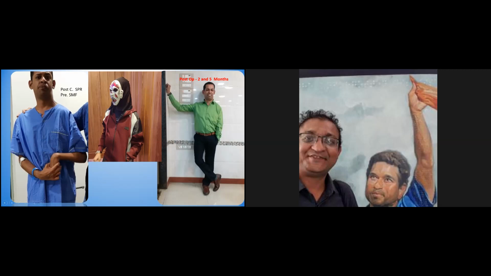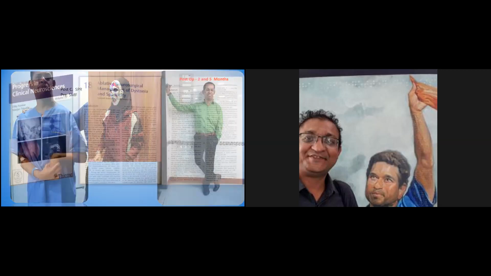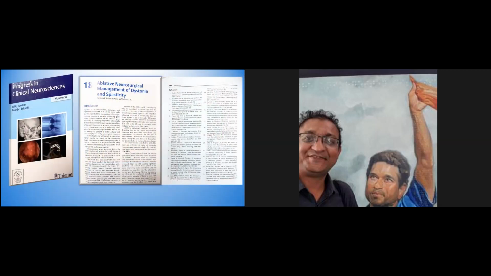He says, yes, yes. Earlier this was also not possible, to keep it in the pocket. So somewhat by trick, these people improve their dystonia, get relieved, go to the mainstream, and he goes to his job. This was one of the chapters we have written, ablative neurosurgical procedures, in Progress in Clinical Neurosciences. We can provide this.